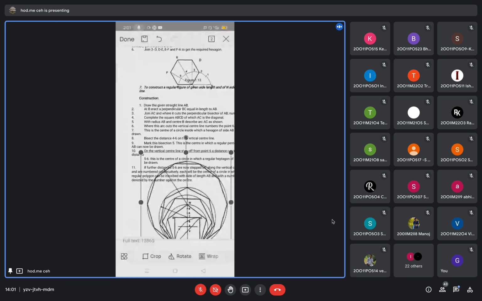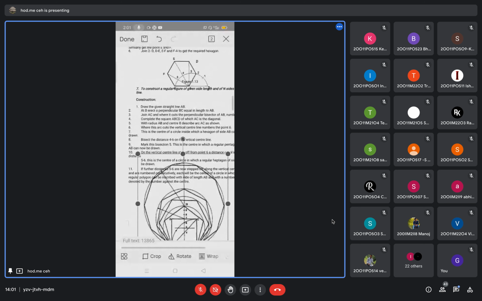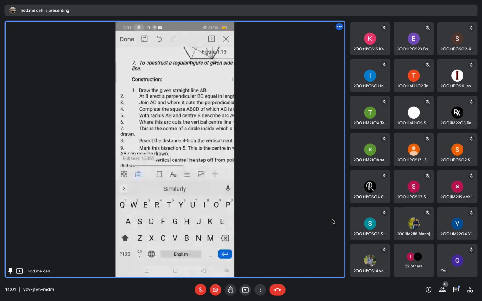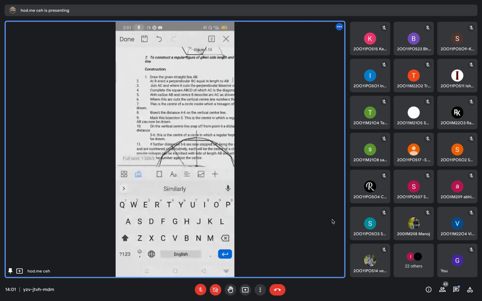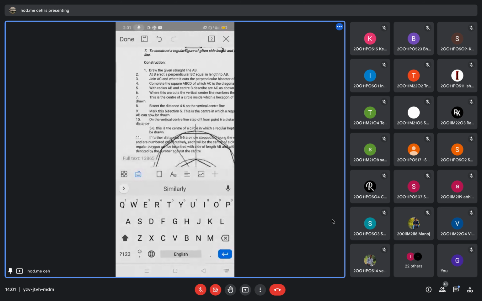Okay, see the eighth point: set the distance 4 and 6 on the vertical center line.